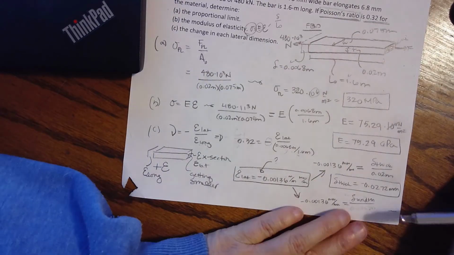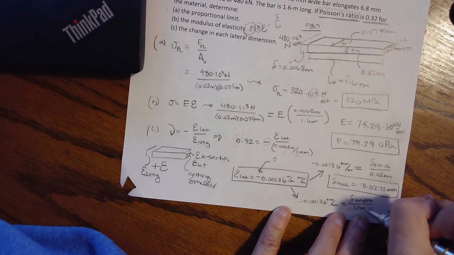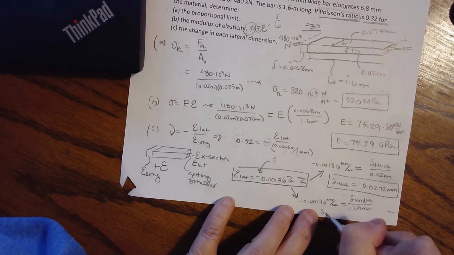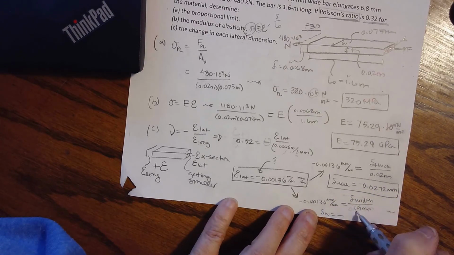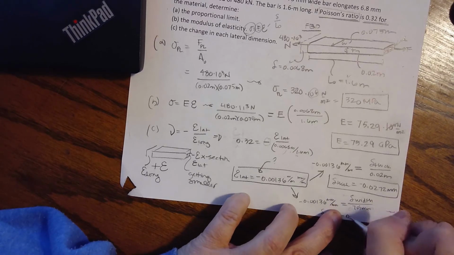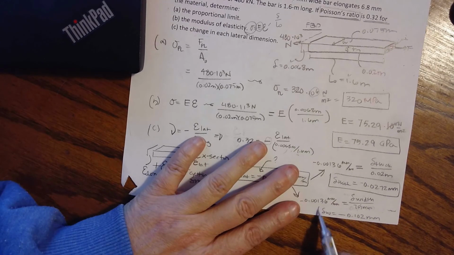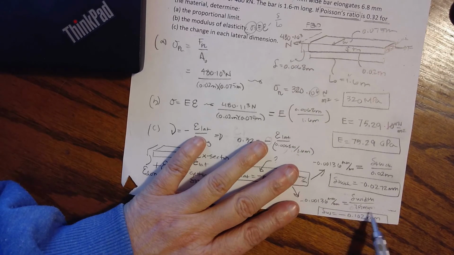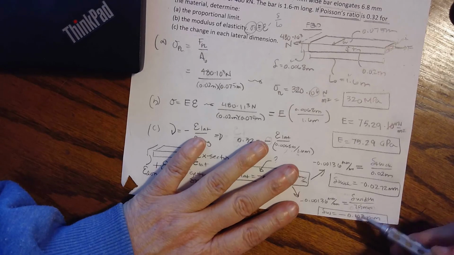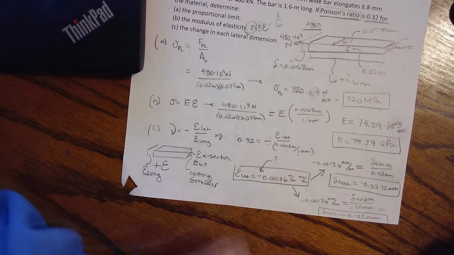It makes more sense if we have this in millimeters: 75 millimeters. So our delta width is negative, remember, it's getting smaller, and we have that negative sign in there. Negative 0.102 millimeters. So that's my change. If I wanted to know the actual new width, it would be 75 minus that, and I would get the new width of like 74 point something.